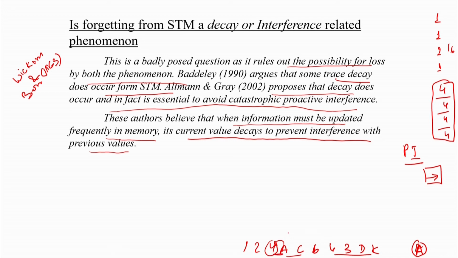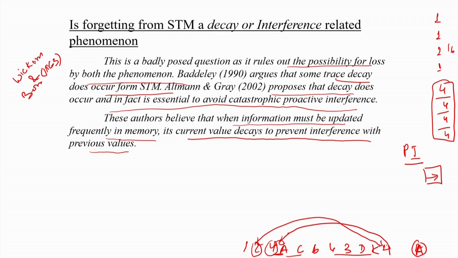But if, let us say, the last item here is not K but 4, and people have to remember the item which comes after the first occurrence of 4, which is 2, since 2 and 4 are both digits, they will create more proactive interference.